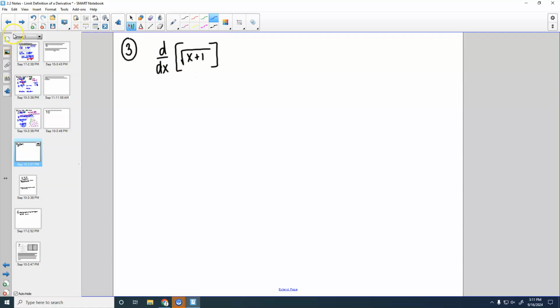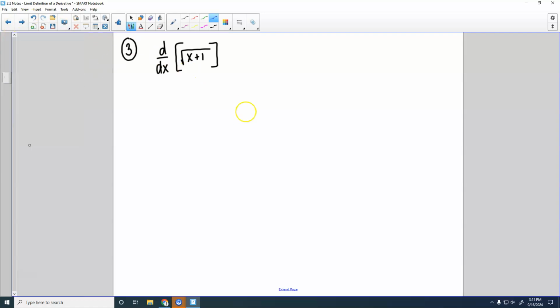Do page 131. Let's do 15, 17, 19. I'm not going to change it on Canvas because we're just behind, and next year I don't want to think I only gave 3 problems. We'll work on this some more tomorrow.